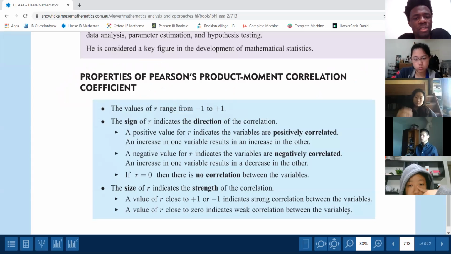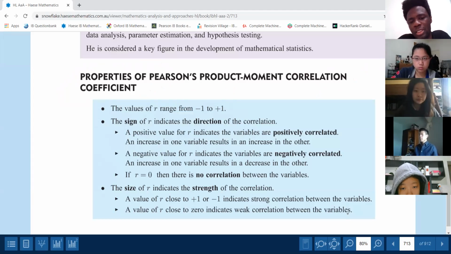If your R is positive, an increase in one variable is expected to lead to an increase in the other variable. When your R is negative, an increase in one variable will lead to a decrease. So that is like your direct and inverse variation from your IGCSE classes. And if your R is 0, it means we cannot establish that both of them are correlated.